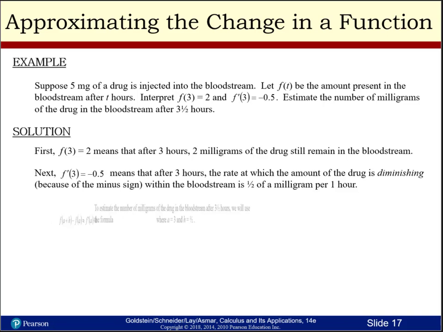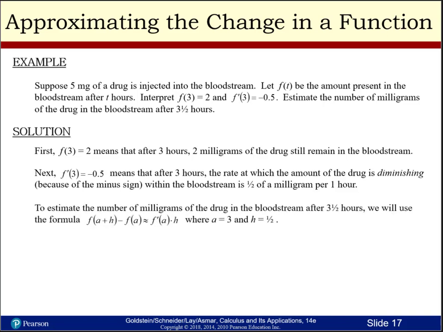per hour. To estimate the number of milligrams of the drug in the bloodstream after 3.5 hours, we're going to use the formula f of a plus h minus f of a. That's my average change in a function. It's going to be equal to just the derivative at that value times the h. So I know that my a is 3 and my h is 1/2.